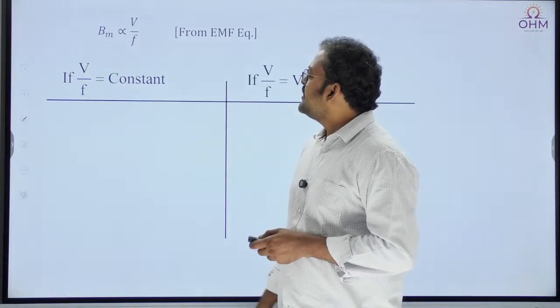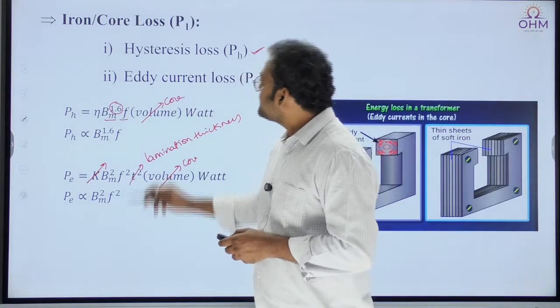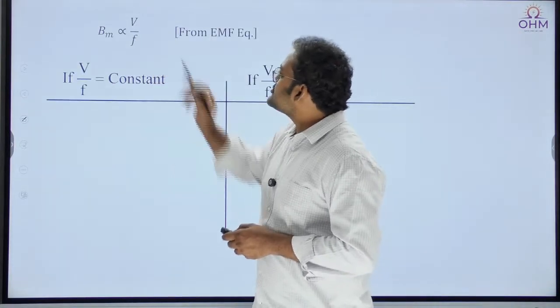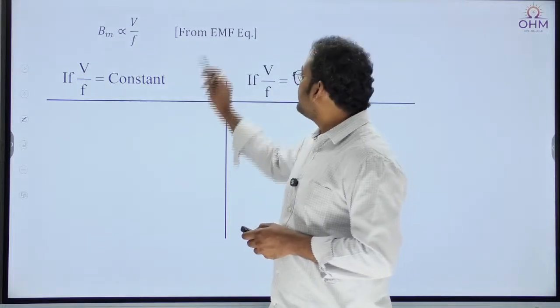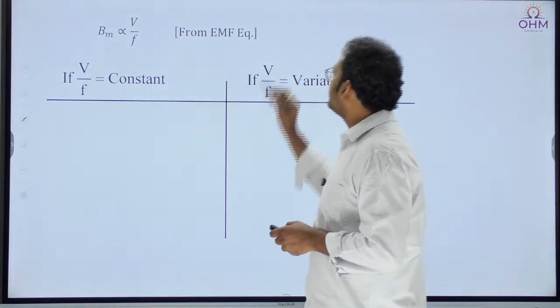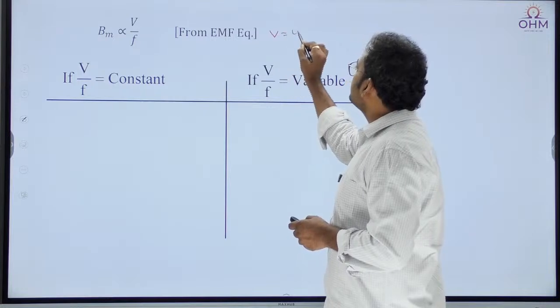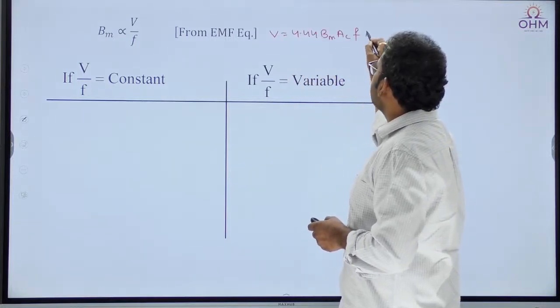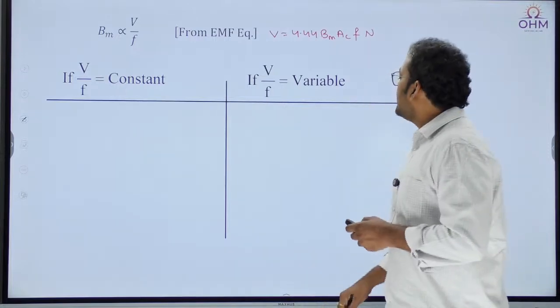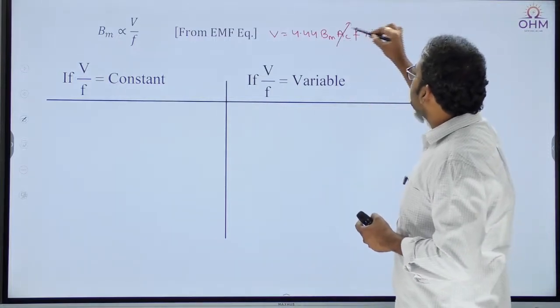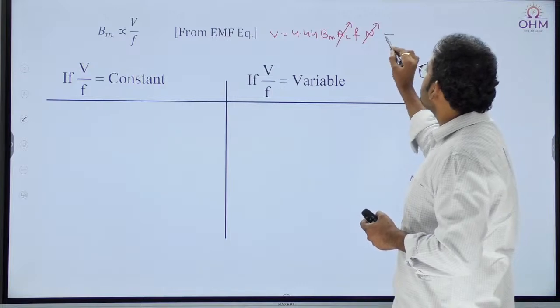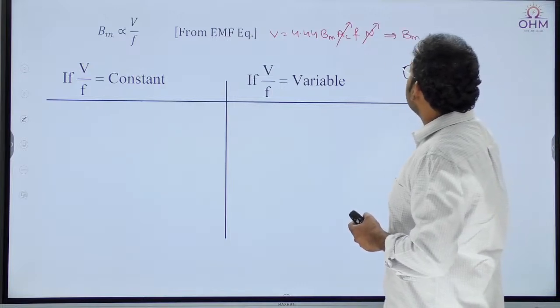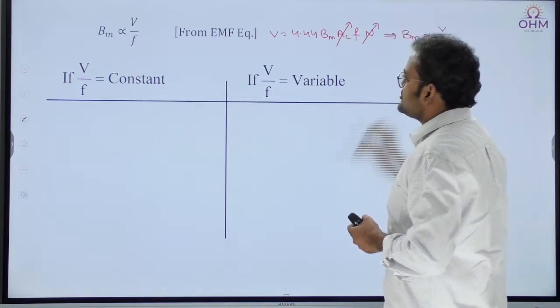So what is the formula for Bm again? Bm is proportional to V by F. This is from the EMF equation of transformer. Voltage is equal to 4.44 Bm cross-sectional area frequency into number of turns. Once the construction is completed, area and number of turns are constants. Therefore, Bm is directly proportional to V by F ratio.